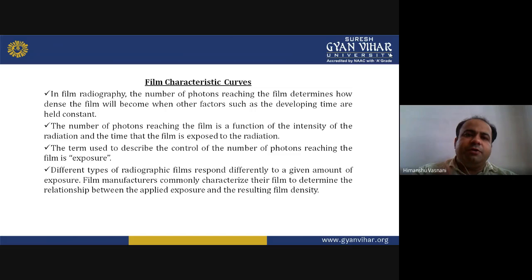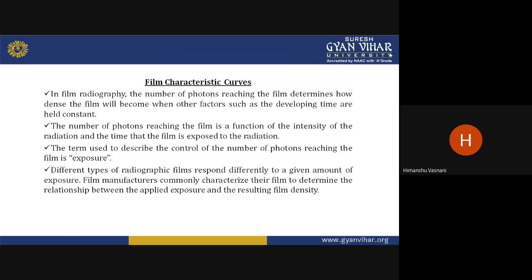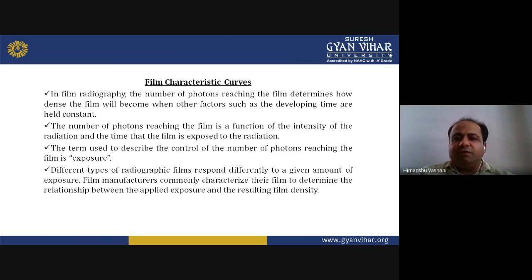In film radiography, the number of photons reaching the film determines how dense the film will become when other factors such as developing time are held constant. The number of photons reaching the film is a function of the intensity of the radiation and the time that the film is exposed to the radiation.